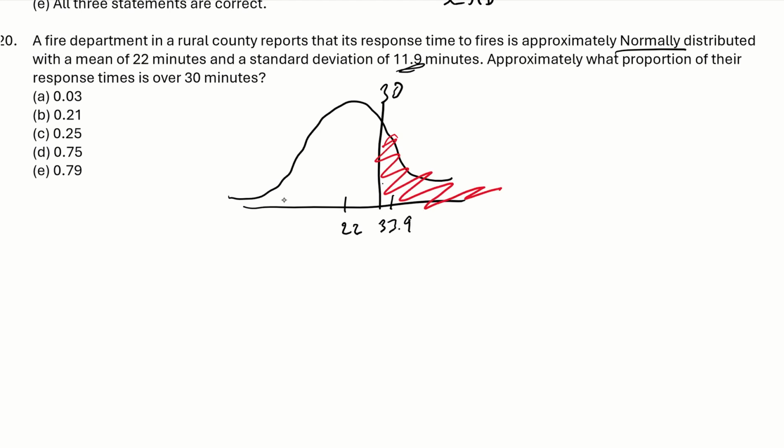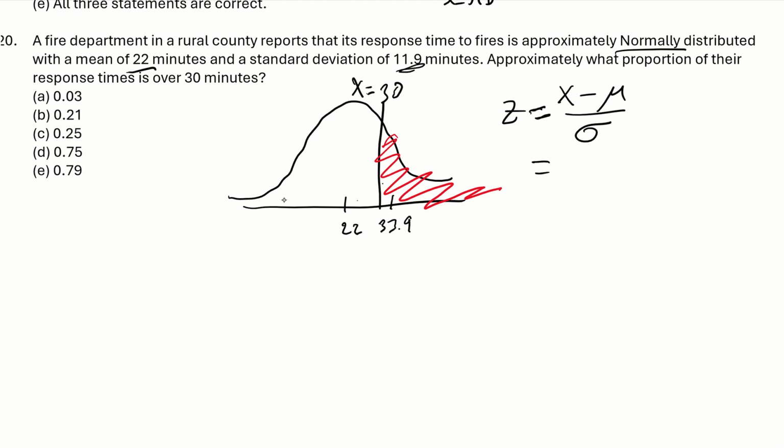So what we've got to do is convert this to a z-score. We can't use the empirical rule because this is not one of those nice numbers. So we're going to get the z-score, which is x minus mu divided by sigma. The mean is 22, that's my mu, and x is 30.